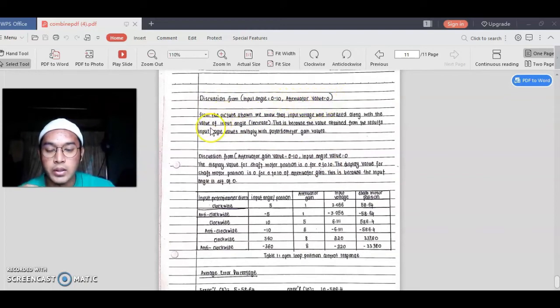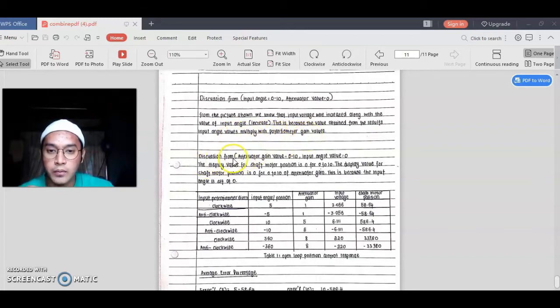For the discussion, from the picture shown, we know that the input voltage will increase along with the increment of the input angle. This is because the value obtained is the input angle value multiplied by the potentiometer gain value.